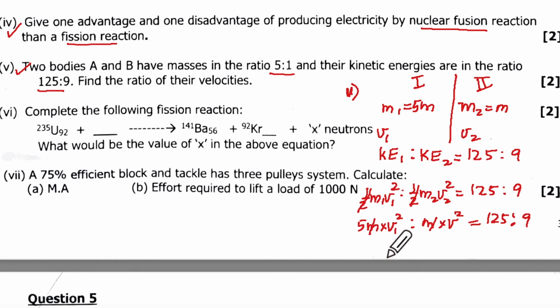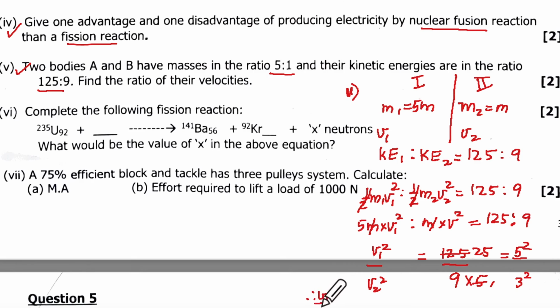M got cancelled and we'll have v1 square upon v2 square is equal to 125 upon 9, and this 5 goes here, so it will be in the denominator. From here it's gone that side, so 5 ones and 5 25s, which will be 5 square upon 3 square.